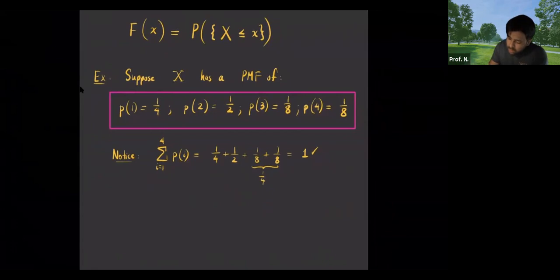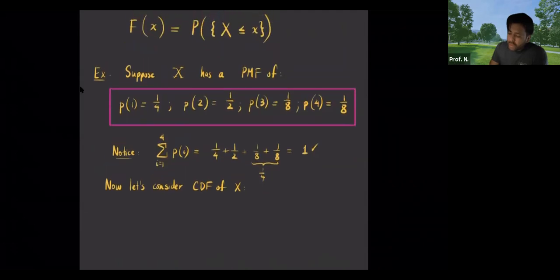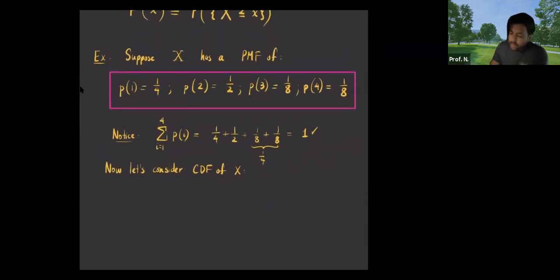Now let's consider the CDF. What are the different values that we have? Let's start with 0.